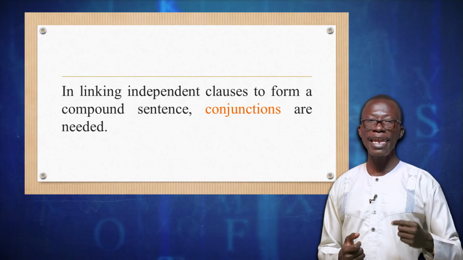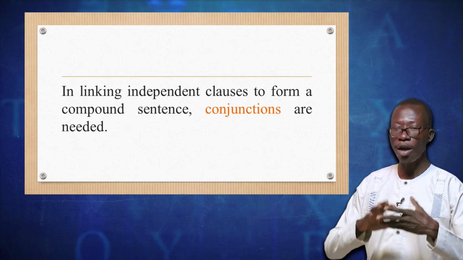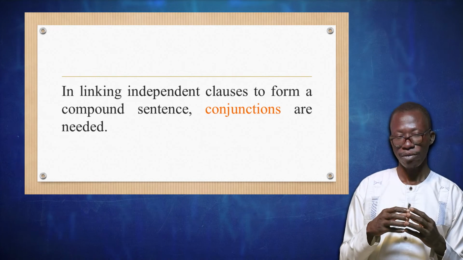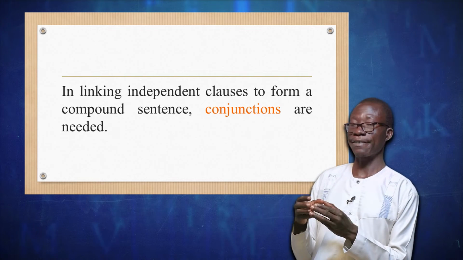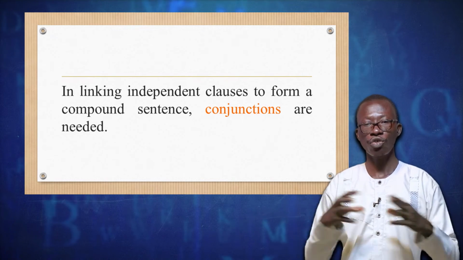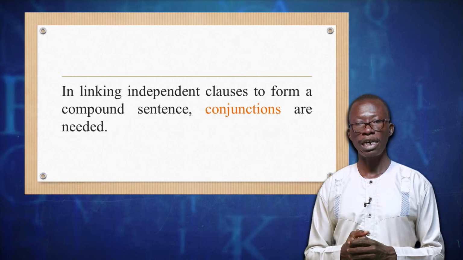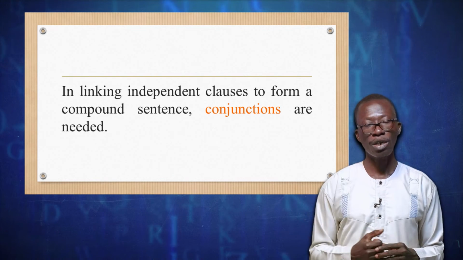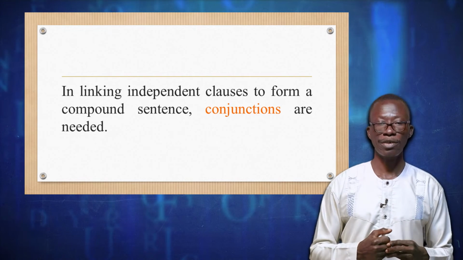Now what I'm saying is that in linking independent clauses to form a compound sentence, conjunctions are needed. So that is why we have and. So anytime we are linking two independent clauses together to form a compound sentence, we surely and certainly would have to rely on what is termed as conjunction.